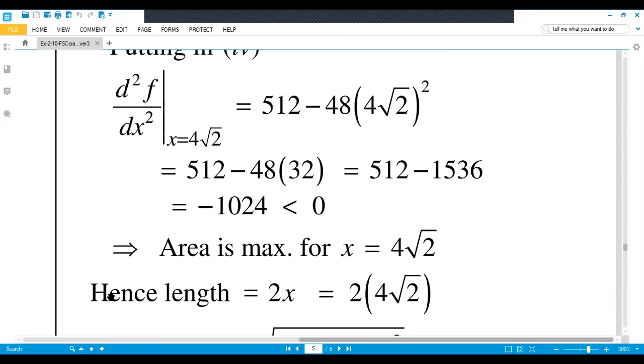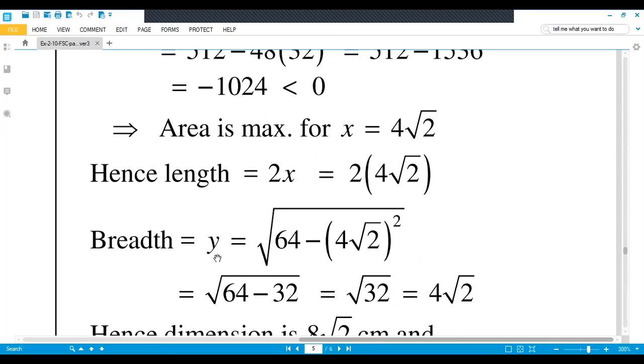To find the length, we put the value of x in 2x, so the length is 2 into 4 under root 2, which is 8 under root 2.